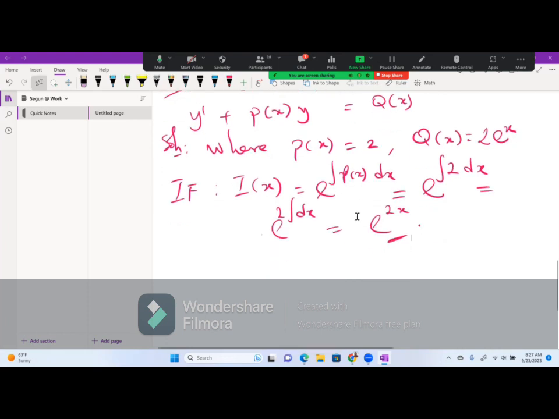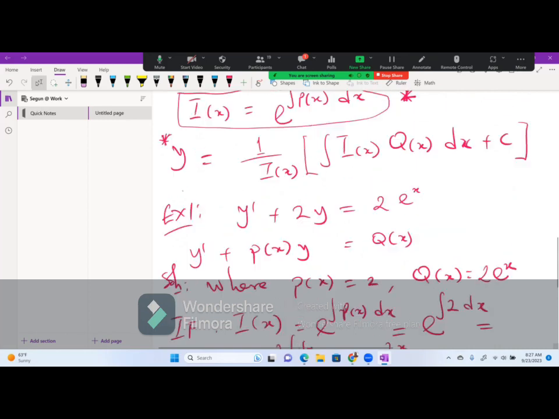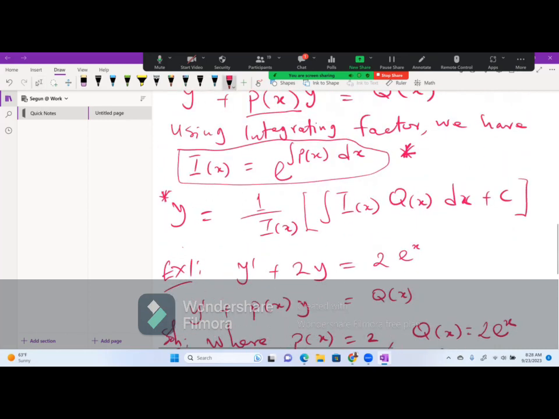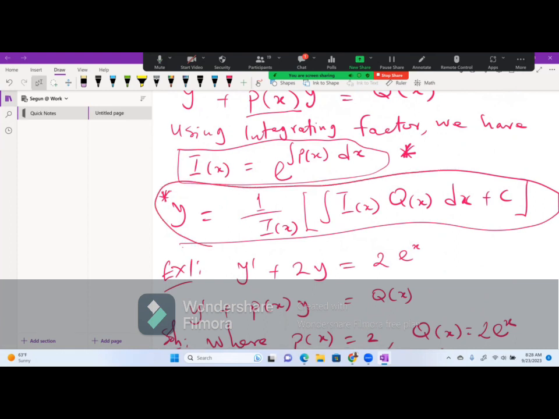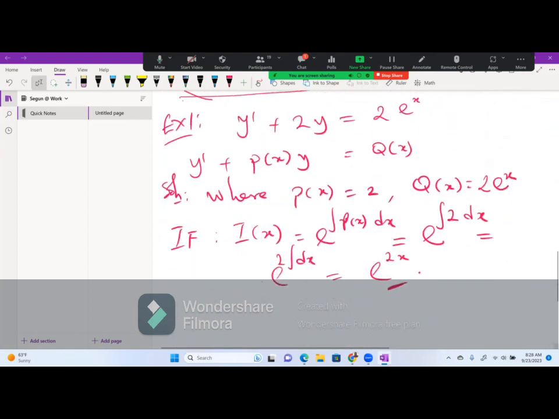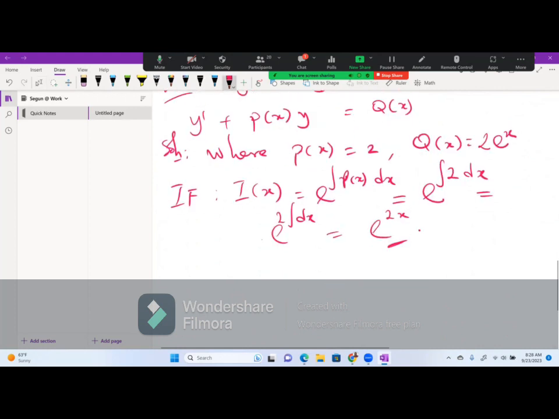Then you now go to your general formula that I circled the other time, this particular y. We need this one now. So we can now go ahead and put it. We now have y equals 1 all over I of x, integral of I of x Q of x dx plus c.